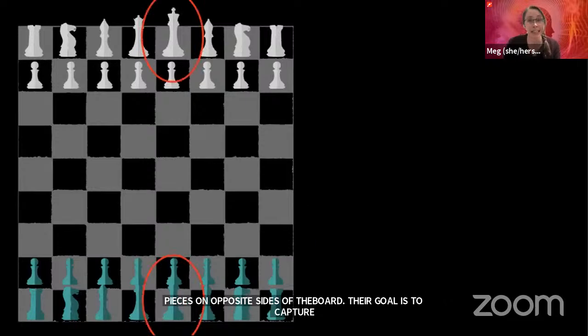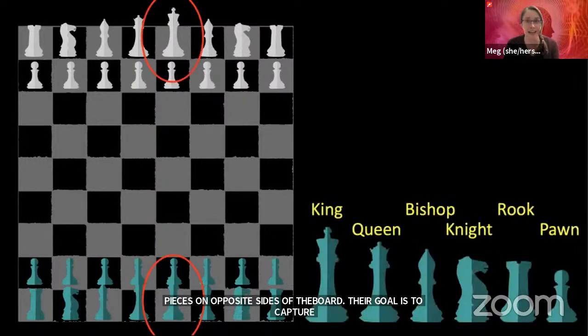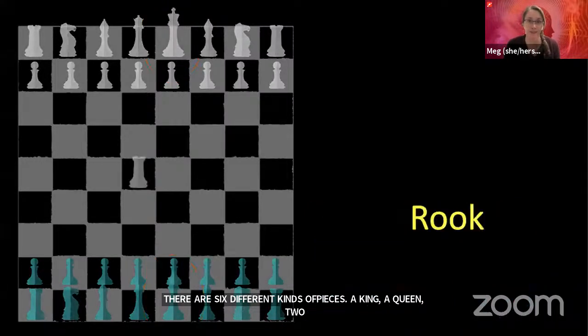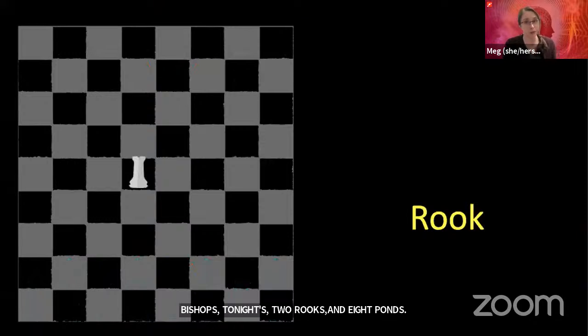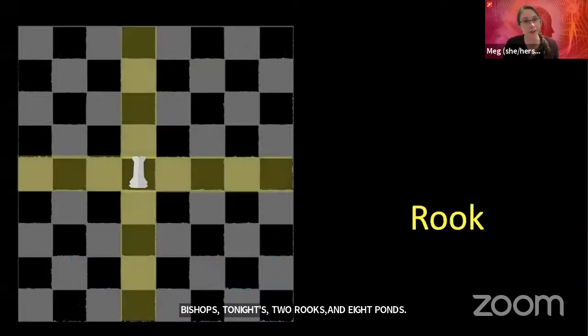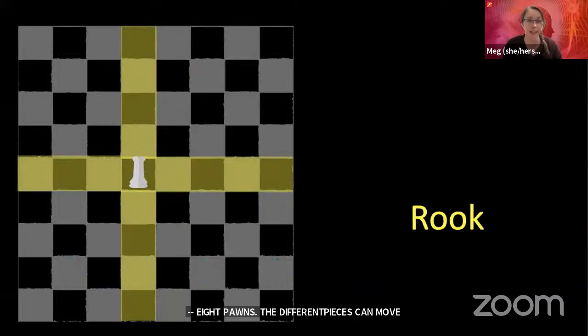Now, there are 6 different kinds of pieces: a king, a queen, 2 bishops, 2 knights, 2 rooks, and 8 pawns. And these different pieces can all move across the board according to different rules. So, for example, a rook can move only along columns or rows, any number of spaces until it encounters an opposing piece.